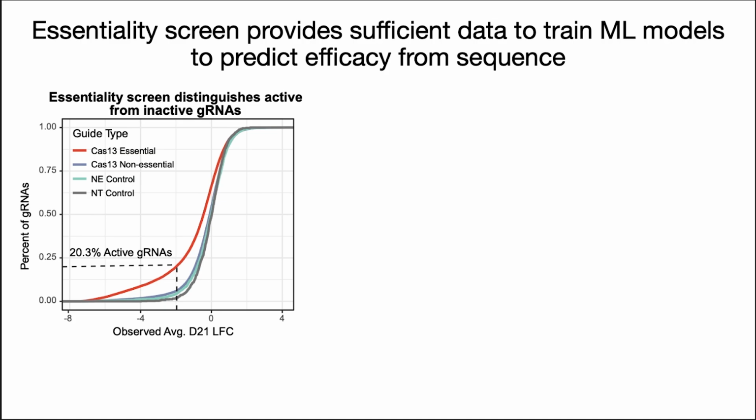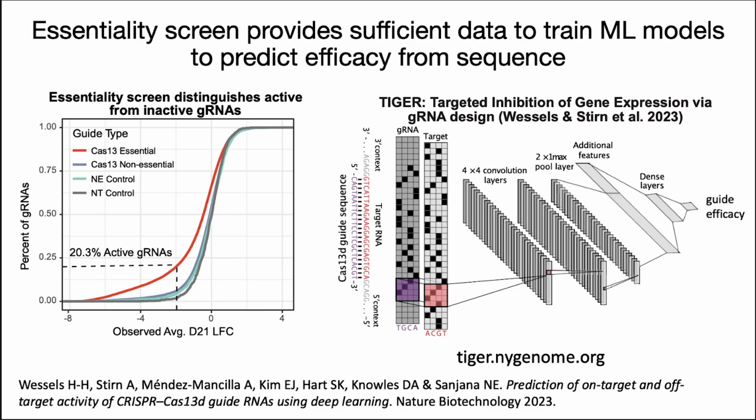One of the surprises to us originally was that if you just pick these guide RNAs at random, you actually don't get so many of them working. Something like one fifth of the guide RNAs, if you don't design them in a particular way, actually end up working. So that motivates trying to figure out why some guides work and some guides don't. We actually have previous work in collaboration with Neville Sanjana's lab trying to look at whether we can predict which guides will work well based on their sequence.